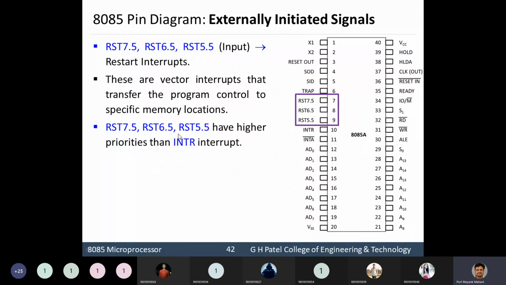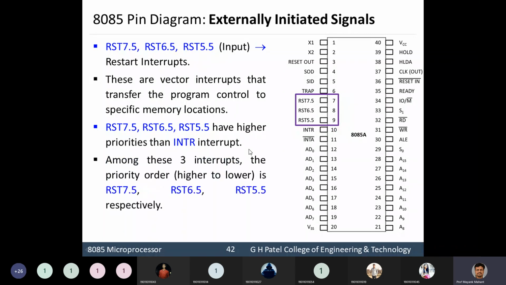The 7.5, 6.5 and 5.5 have higher priority than the INTR interrupt. Means if the INTR interrupt is there, and at the same time RST 5.5, 6.5 or 7.5 is there, then service would be provided to 7.5, 6.5 or 5.5 instead of INTR. That is what we call the priority of the interrupt.